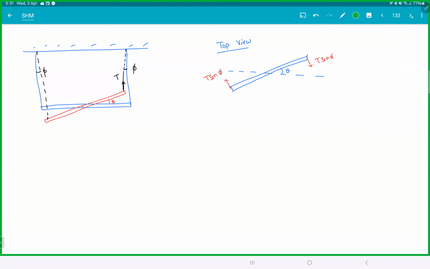Meaning, if you take the components, this will be T sin phi and this will be T cos phi. And you can clearly see there 2T cos phi will balance mg.